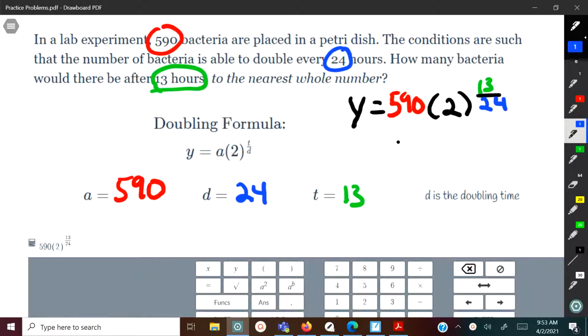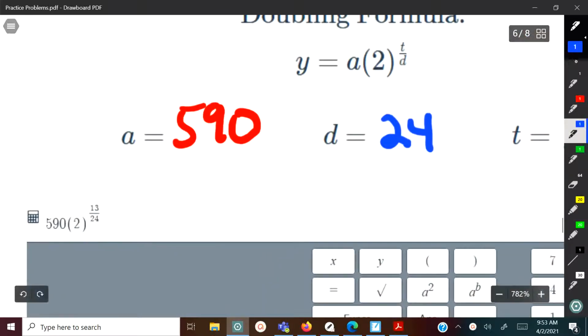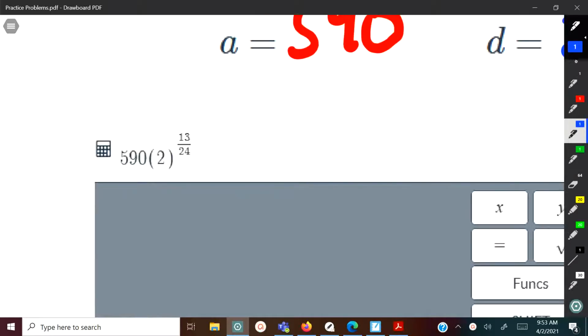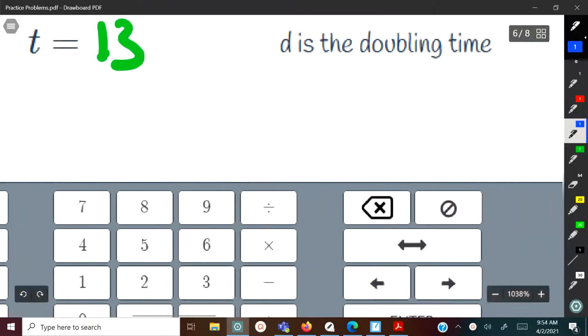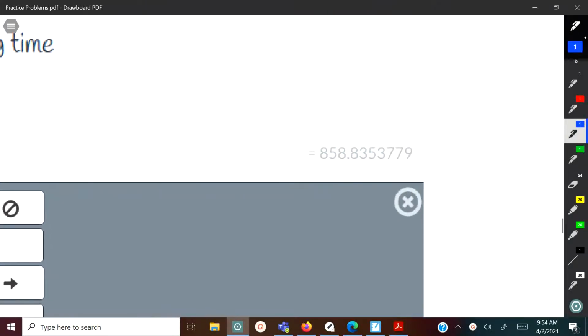And I'm going to zoom in here and show you what happened. So this is what you end up typing in the calculator. 590 times 2 raised to the 13 over 24. And once you do, you get this big huge decimal.